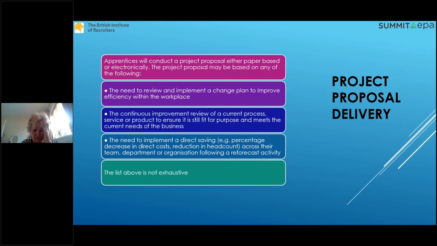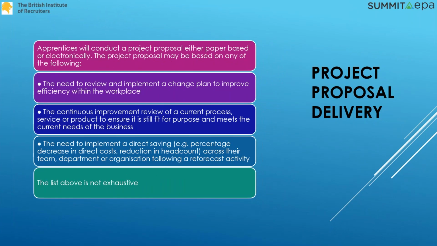That needs to be discussed with the independent endpoint assessor at Gateway, but it could be where they need to review or implement a change plan to improve efficiency in the workplace, continuous improvement and review of a current process that meets the needs of the business, or implement a direct saving across their team or department. Like I said, this list isn't exhaustive. It's not the only thing you can base it on, and as you can see, the statements are very fluid, very open, and can change.